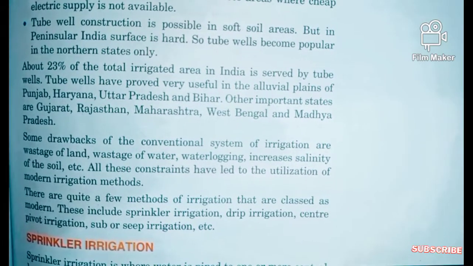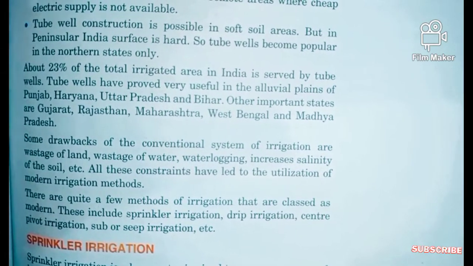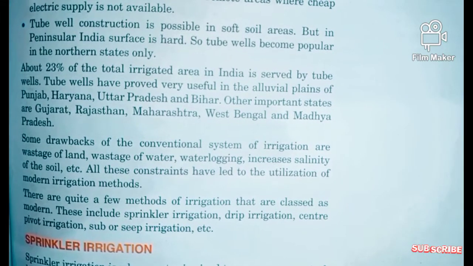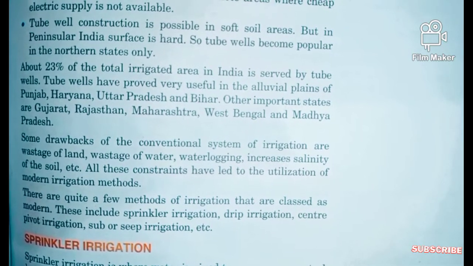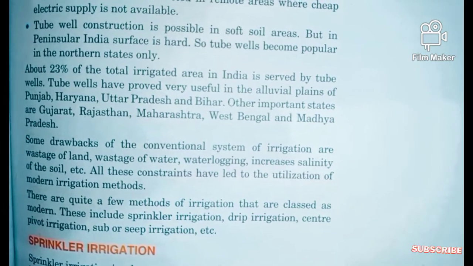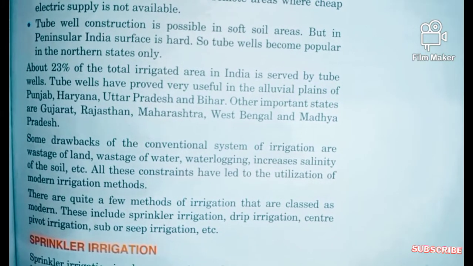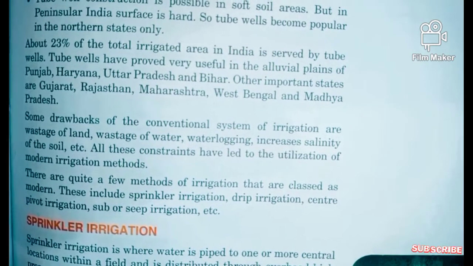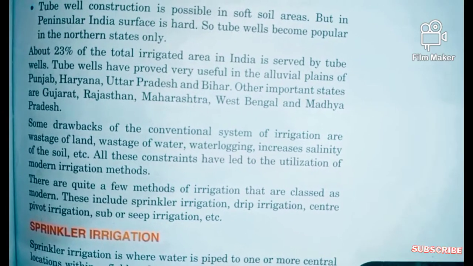The total land irrigated by tube wells is 23%, and they are useful mostly in the alluvial plains of Punjab, Haryana, Uttar Pradesh, Bihar, and other states like Gujarat, Rajasthan, Maharashtra, and everywhere there is a possibility of having a good amount of tube wells.